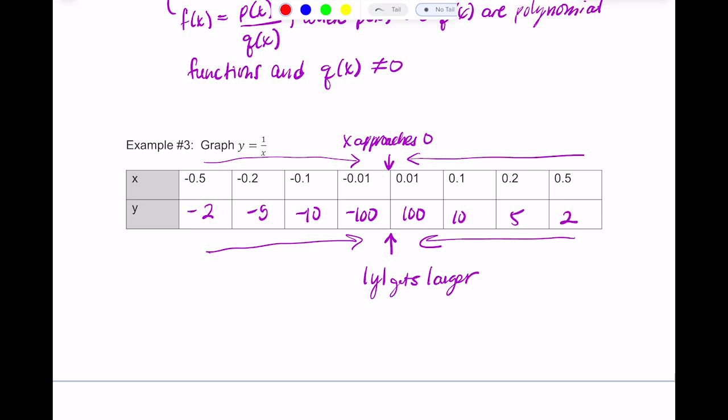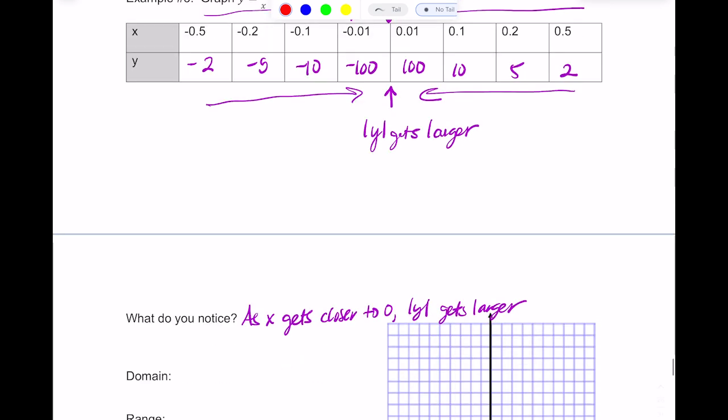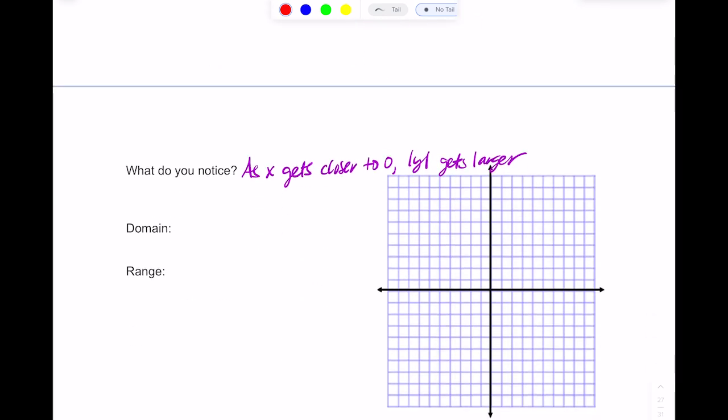If I start here and go left, start here and go right, the opposite direction the arrows are pointing, you can see that the y's are going to approach 0. So it kind of switches roles. So you could also say that as the absolute value of x gets larger, y equals 1 over x gets closer to 0.